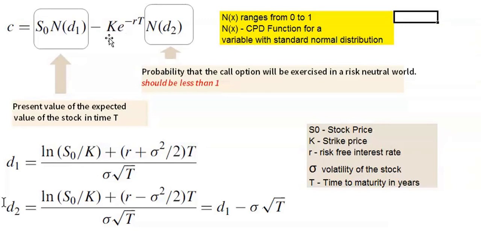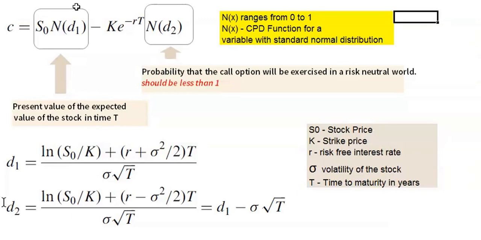So this total value is basically the strike price discounted to today multiplied by the probability of that strike happening. That's this component. Now this other value is the present value of the expected value of the stock at time T.